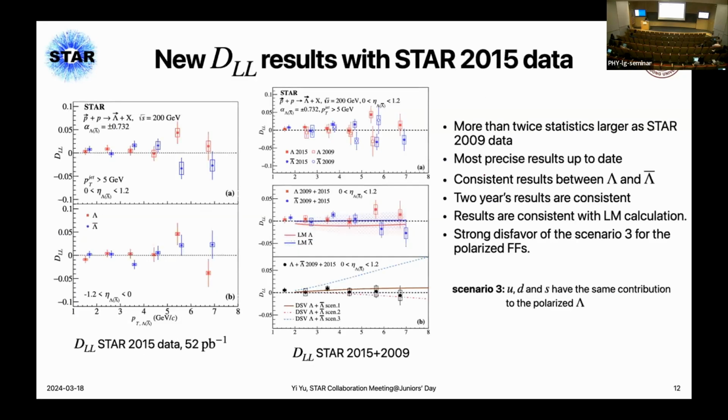So you exclude scenario 3, where scenarios 1 and 2 have only the S part contributing to the polarized lambda, with different signs of S. But to me scenarios 1 and 2 look very close, because they have the same sign in terms of DLL.